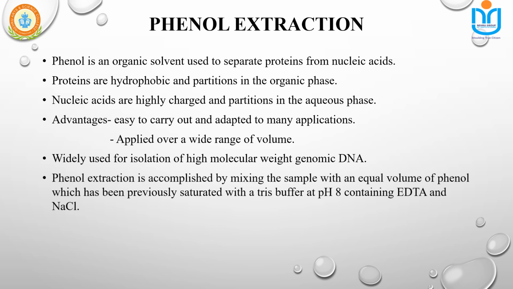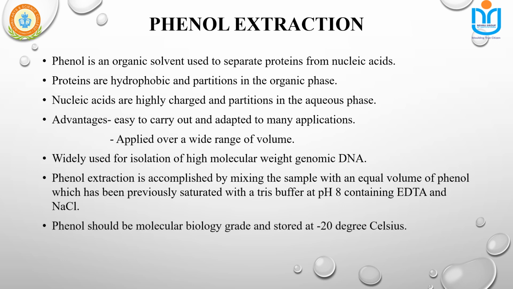Phenol extraction is accomplished by mixing the sample with an equal volume of phenol, which has been previously saturated with a Tris buffer at pH 8 containing EDTA and NaCl. Phenol should be molecular biology grade and stored at -20 degrees Celsius.